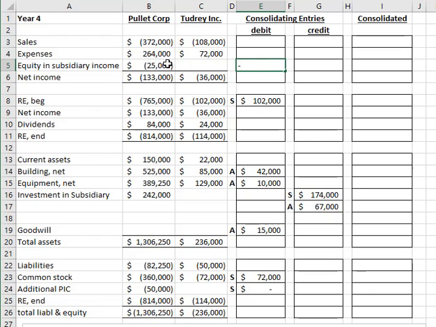Okay, let's eliminate their share of income. Remove it from the investment. Let's remove the dividends. If you do this enough, you start figuring out and remembering these various journal entries. The letters are not required, they're just convenient.